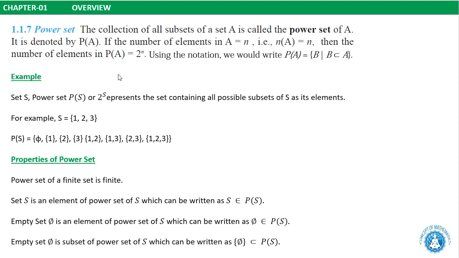So, how would you prove that the number of elements in the power set is equal to 2 to the power n? Let us see.